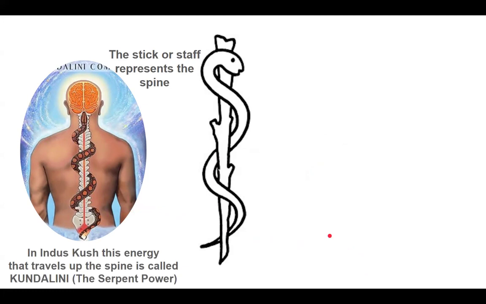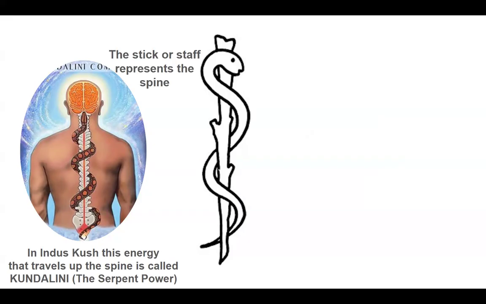In Indus Kush, which y'all call India, this energy that travels up the spine is called Kundalini. It translates as serpent power. Why are we using the symbol of a serpent?